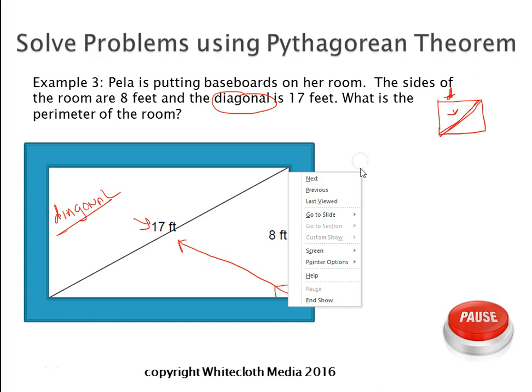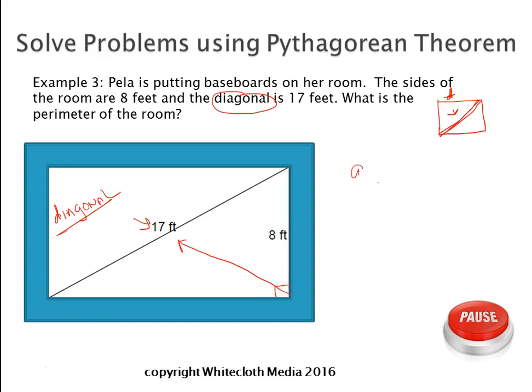Since it's a right triangle, I know that the leg squared plus the leg squared is the hypotenuse squared. I'm going to call this one A, and this is my hypotenuse.